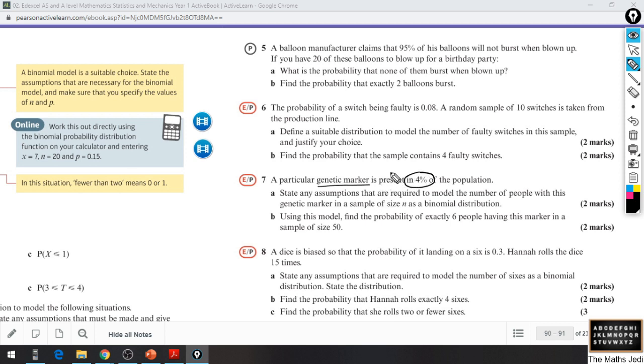You're assuming that the probability of 4% stays fixed, doesn't change. And you're also assuming the genetic marker is independent of another person having a genetic marker. Those are quite big assumptions that you'll have to make, but those must be the assumptions you're trying to make here in order for this to be binomial.